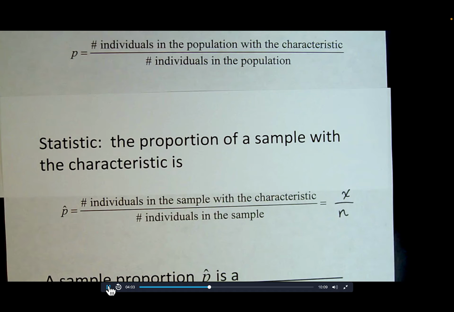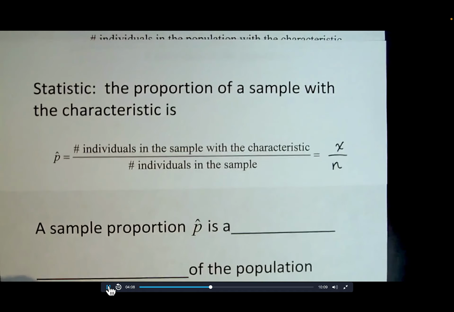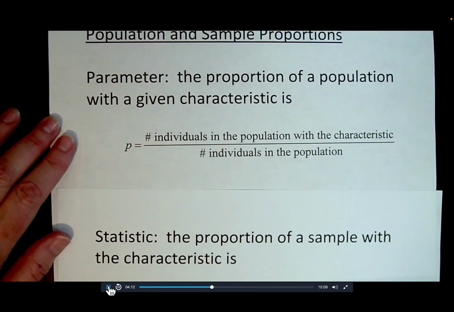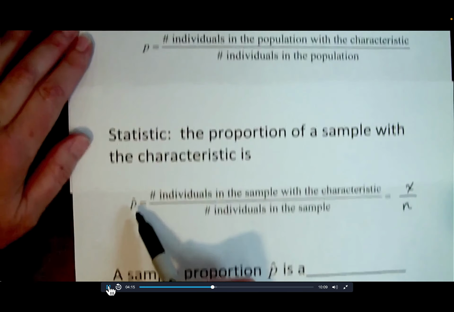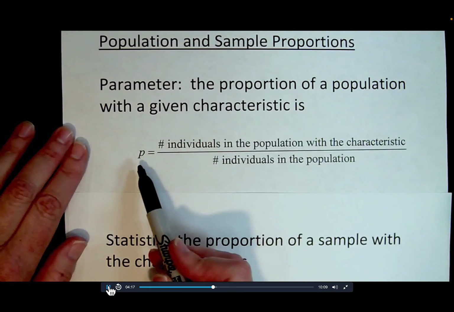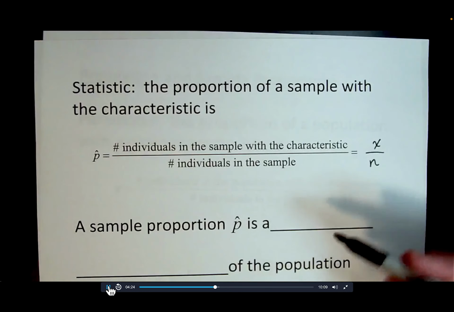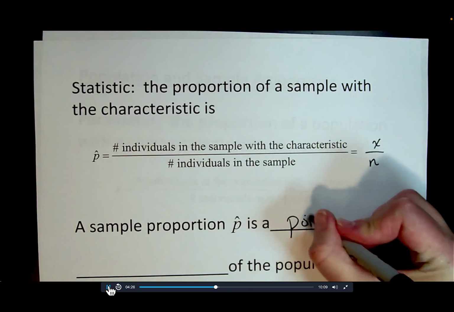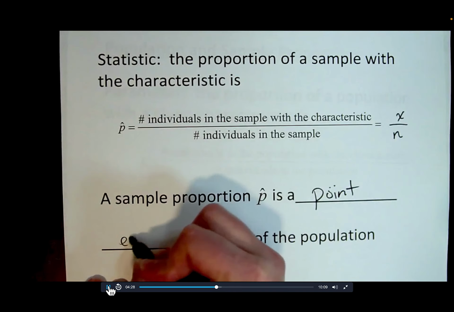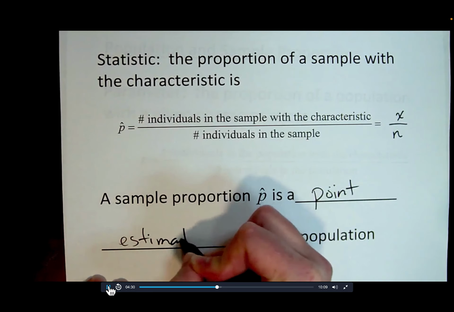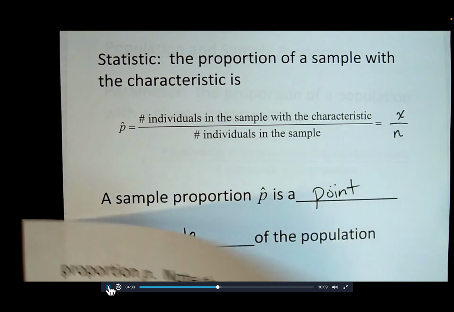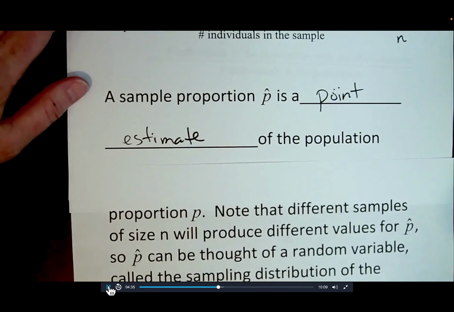Remember that when you get a statistic like this p hat from a sample as an estimate of the population parameter for the same characteristic, we have what's called a point estimate of the population proportion P.